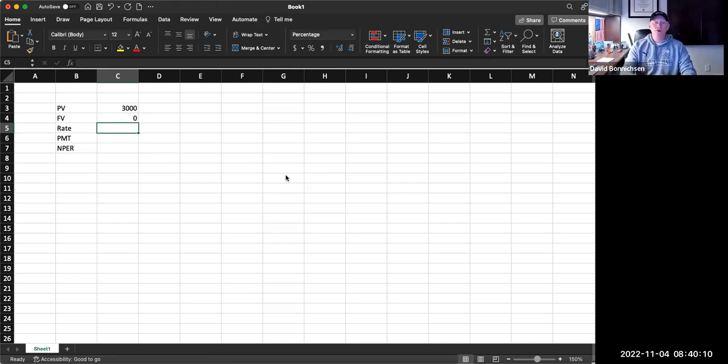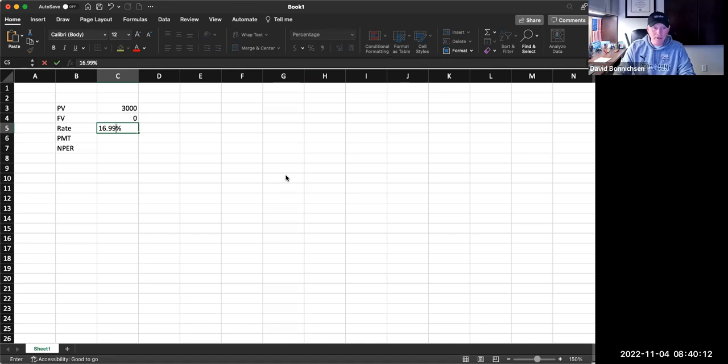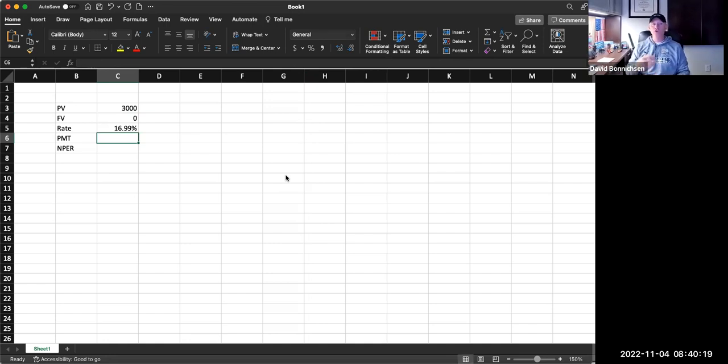Then pick whatever rate you would like. Maybe your credit card charges you 16.99% interest, and you're making a $150 a month payment. So remember, now you're making the payment, so your payment is a negative because it's coming out of your life. When money comes out, it's a negative.